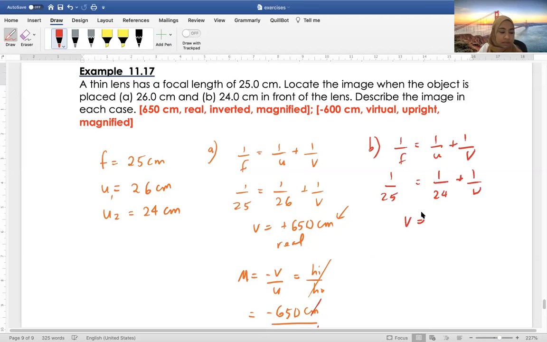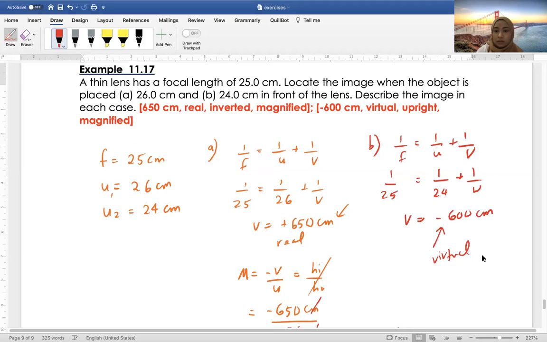So v is, use your calculator, 1 over 25 minus 1 over 24. That is negative 600 centimeter. What does negative mean? It means it is virtual.